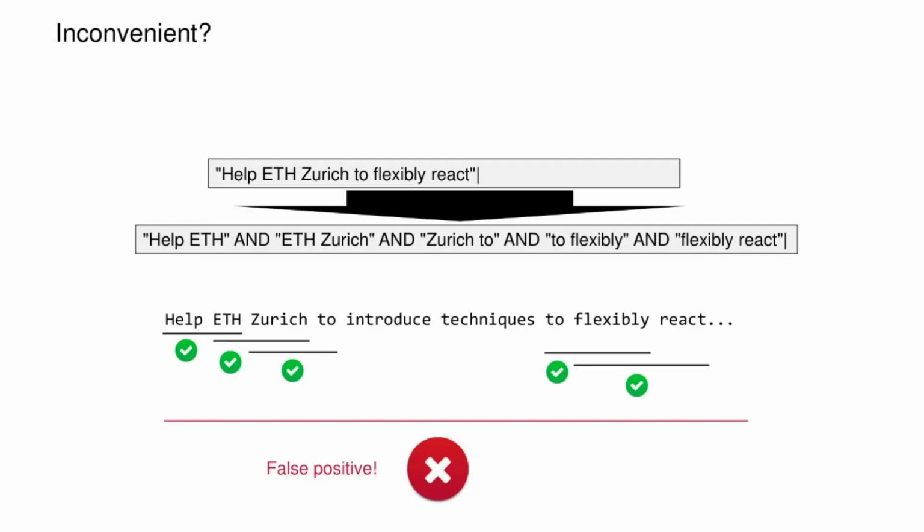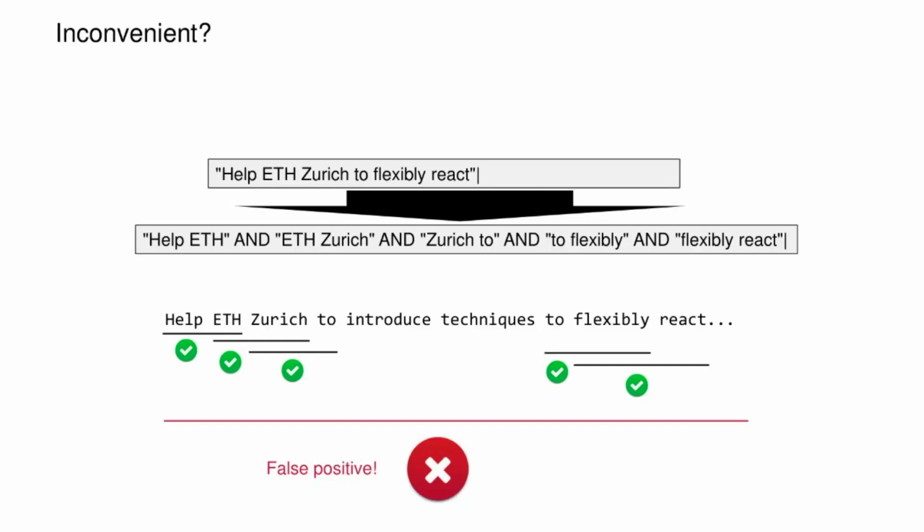We might have here a sliding window: help ETH, ETH Zurich, flexibly react. But the problem is that I might return this document that you see here, "help ETH Zurich to introduce techniques to flexibly react." That document obviously doesn't contain the sentence I was looking for. However, it does contain all of the pairs, just because of the way they appear in the sentence. So that is what we call a false positive.